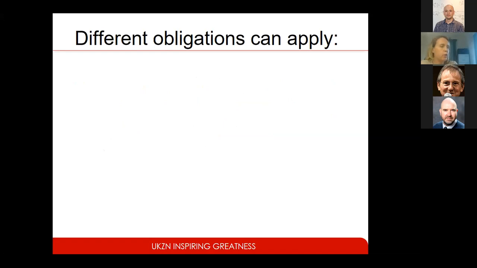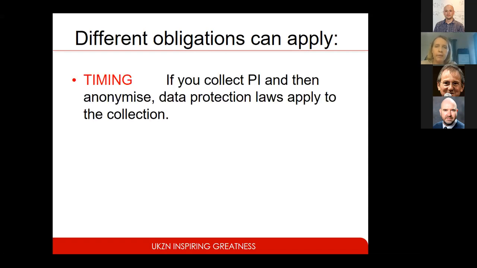To wrap up on this point, it becomes complex because there's no one size fits all. Different obligations can apply. One must be aware of two things, timing. So if you collect personal information and then anonymize it, your study is not truly anonymous. The data protection laws will still apply, at least at the point of collection, until the data has been de-identified.